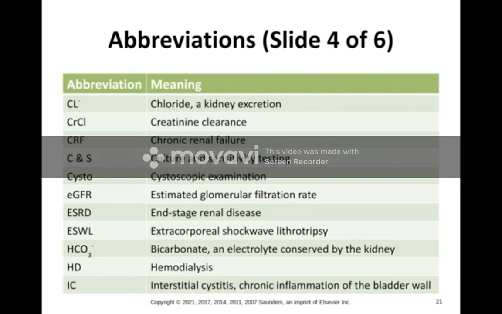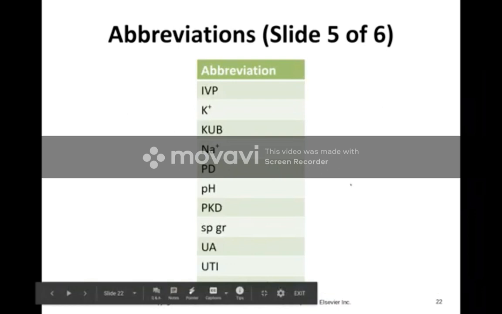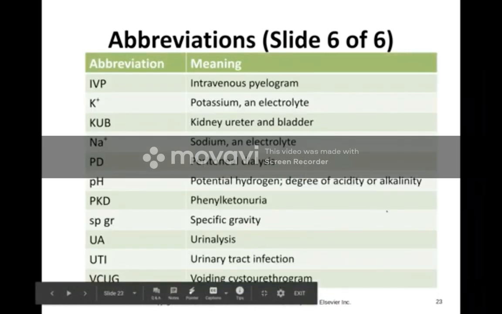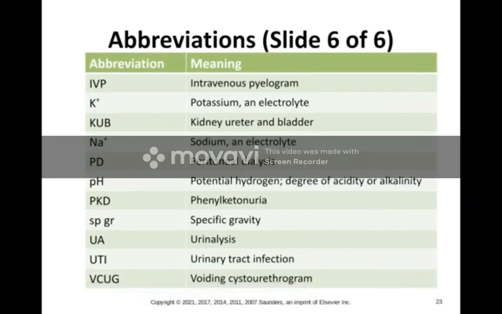HD stands for hemodialysis. IC is interstitial cystitis, which is a chronic inflammation of the bladder wall. IVP is intravenous pyelogram. K plus stands for potassium, which is an important electrolyte.